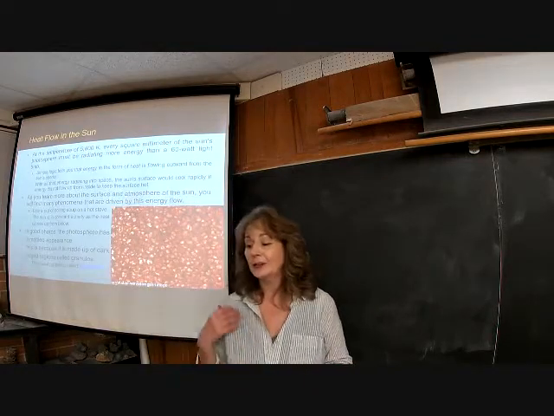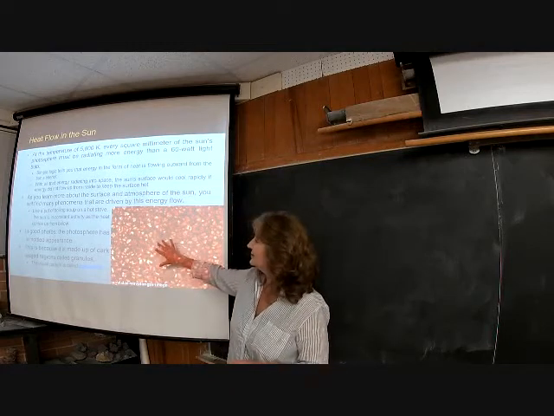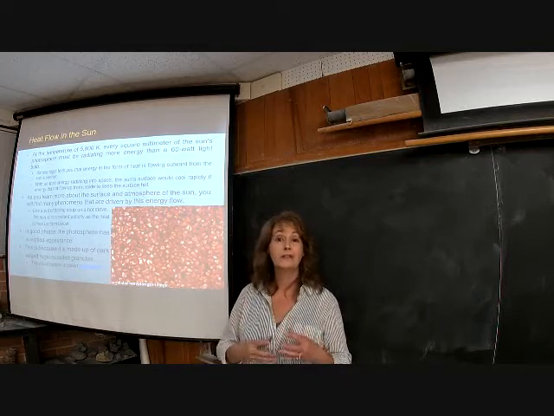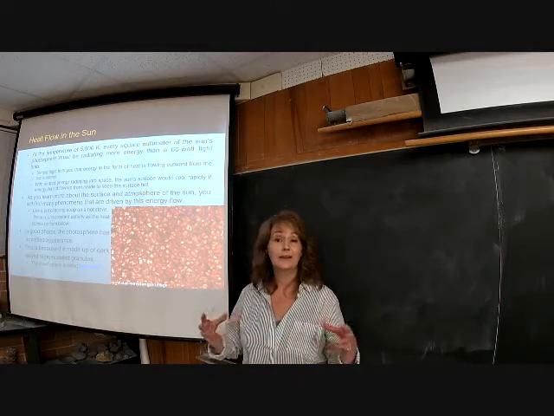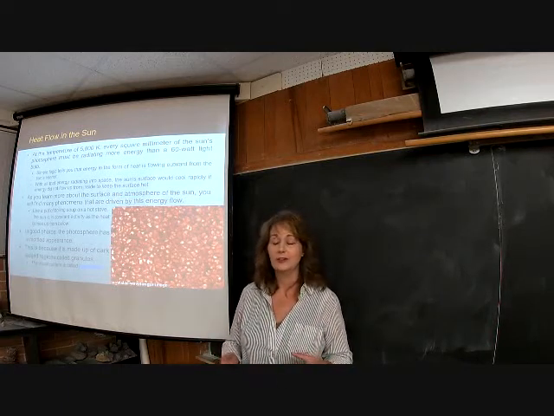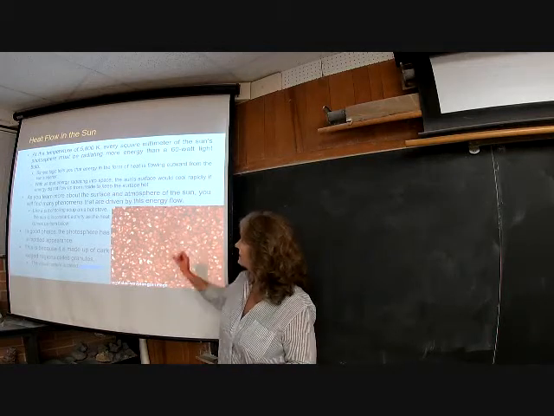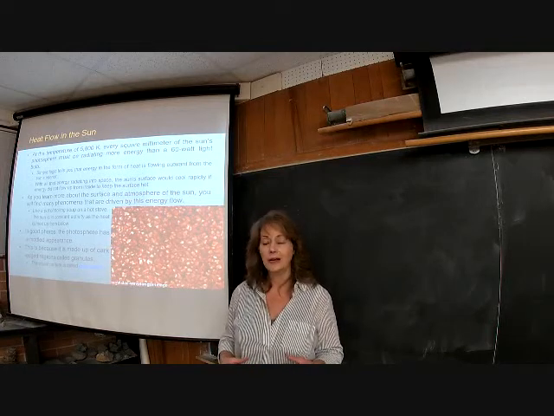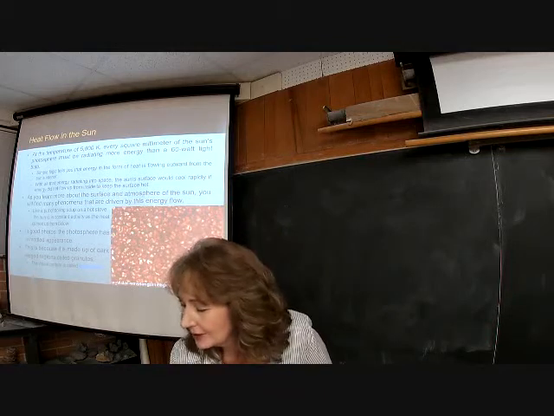So this granulation, though, has a visual pattern to it. It looks like there's a lot of convection happening, and that's what they're actually finding out, that it is a convective region, with the motion of the energy driven by this energy flow in the sun's photosphere. They might have a nicer picture here.